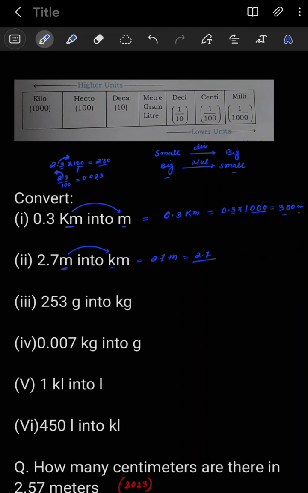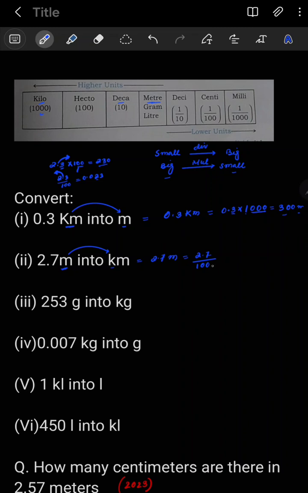As you know, meter here and kilometer here. So how much? 1000. Or else you can see here, for meter give 1. Then count deca; for deca you give 10. Then for hecto you give again 10.